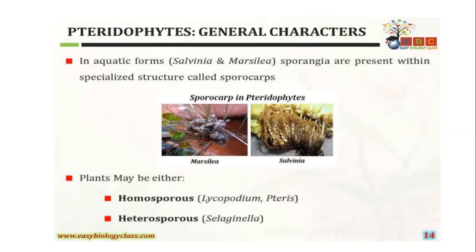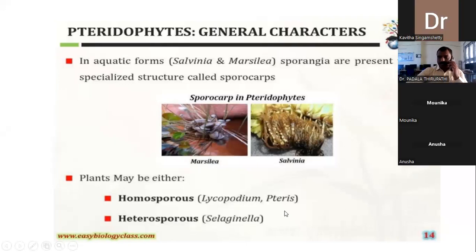Whereas in the case of Selaginella, the plant is defined as heterosporous type. That means in the sporangia, two different types of spores are developed, the microspores and the megaspores. Hence, the plant is referred to as the heterosporous type.